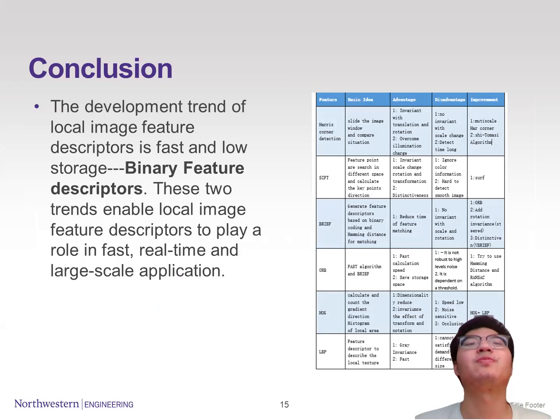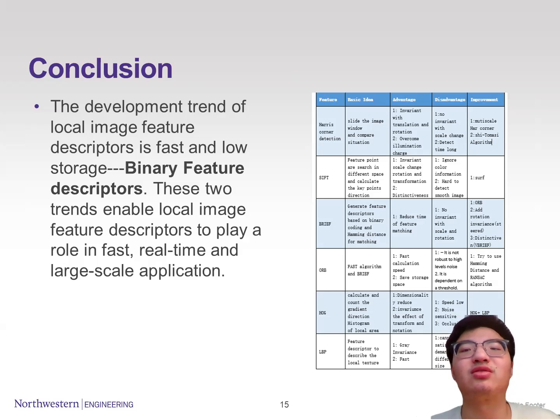Let me make a conclusion here. In recent years, the development trend of local image feature descriptors is fast speed and low storage. These two trends enable local image feature descriptors to play an important role in fast, real-time, large-scale applications, and help the development of many applications on mobile phones, truly applying computer vision technology to the world around us.